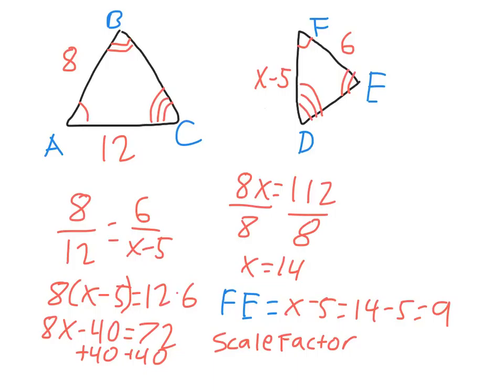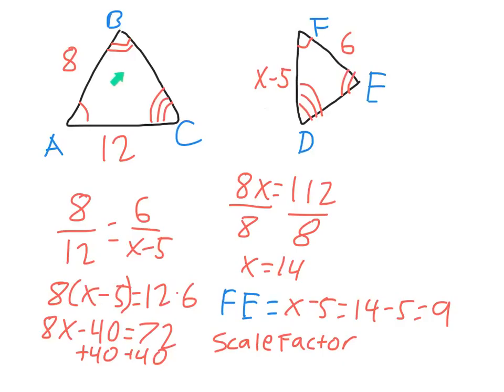So the scale factor, all you have to do is find out what the ratio is fully reduced. So all you have to do is look at one set of these, and you can easily find the scale factor. 8 over 12, 8 to 6, so the corresponding side 8 to the corresponding side 6, so 8 over 6.